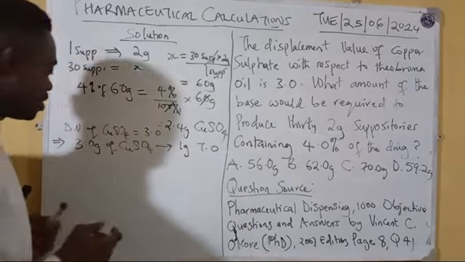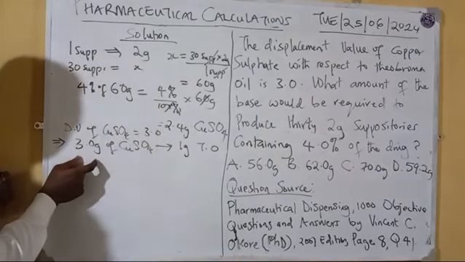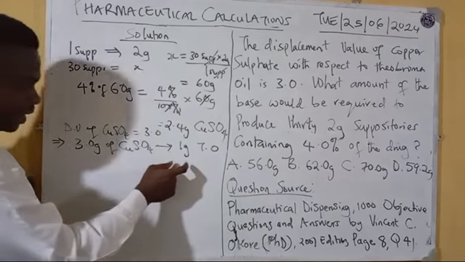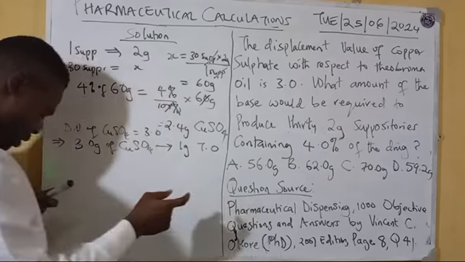That's our target. But we already know that 3.0 gram of copper sulfate displaces 1 gram of theobroma oil.